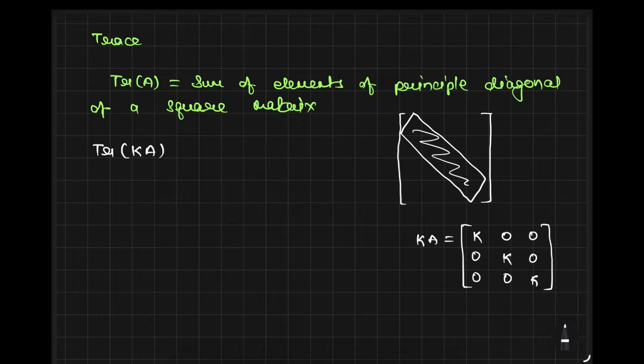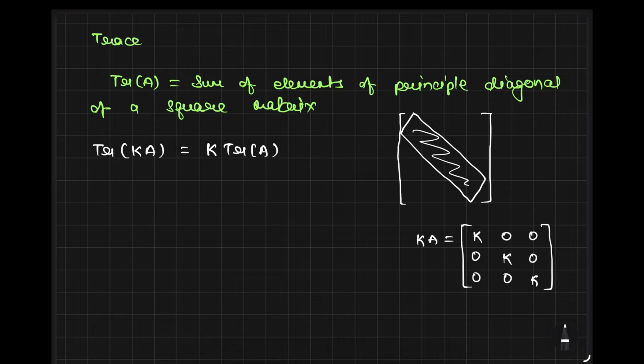And you can also write this as k times trace of A. So if you have to find out trace of kA, you can go with this idea, or you can take k outside and find the trace of A. It doesn't have any problem.